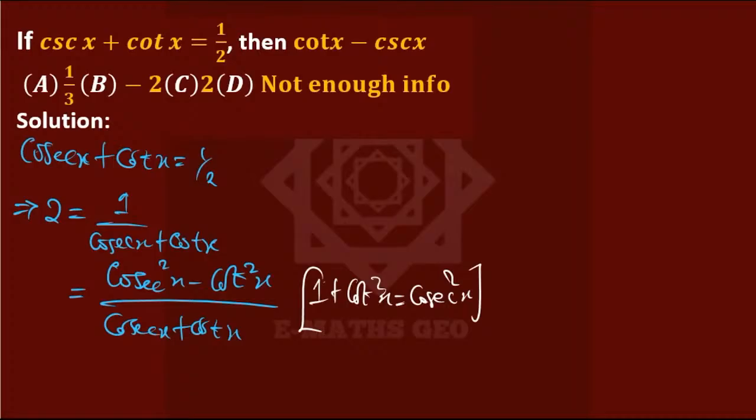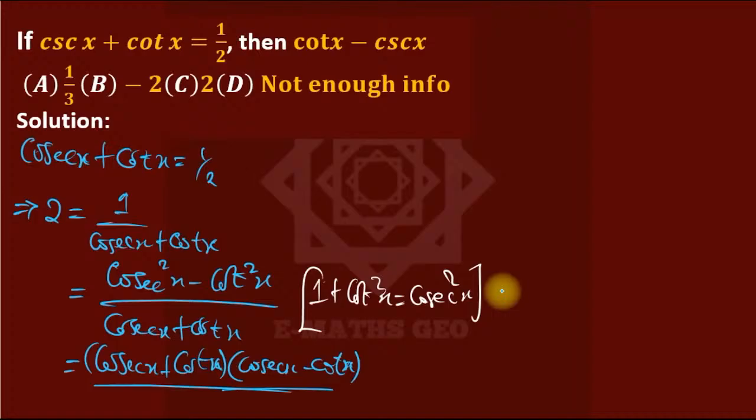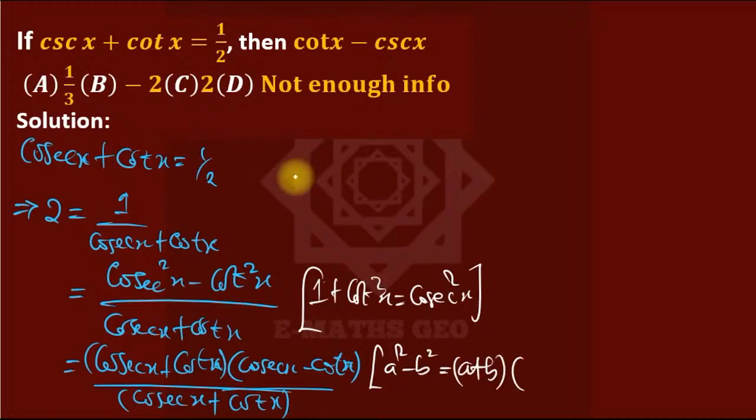If we make 1 the subject of the formula, it is cosec squared minus cot squared. This is a difference of two squares, which is cosec x plus cot x times cosec x minus cot x, over cosec x plus cot x. From a squared minus b squared is a plus b times a minus b. So we are still correct.